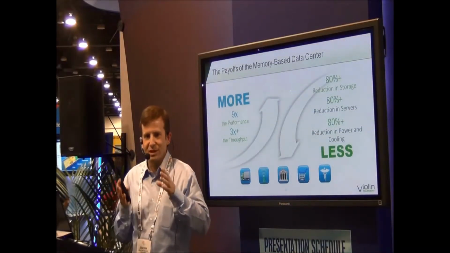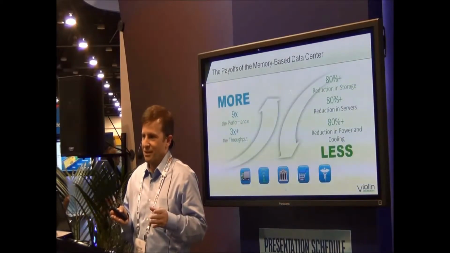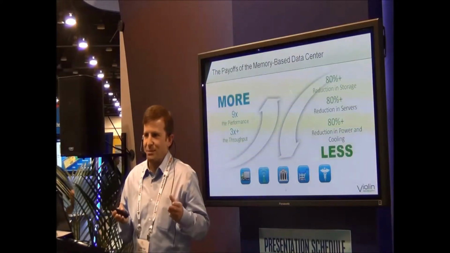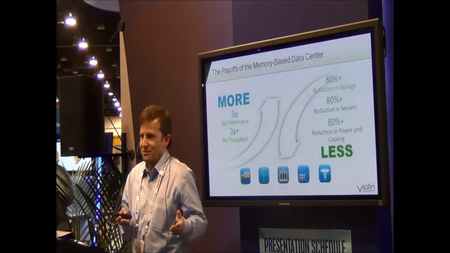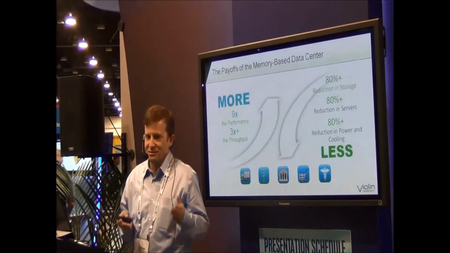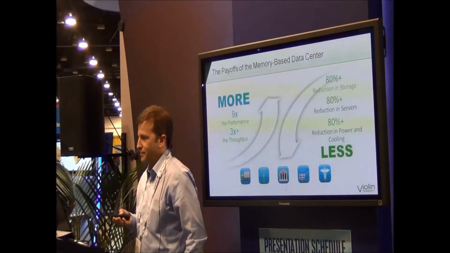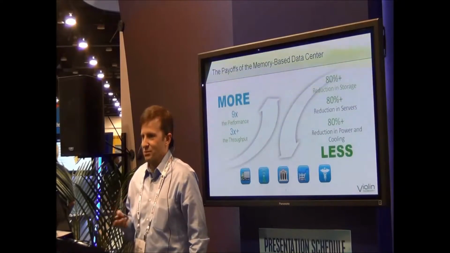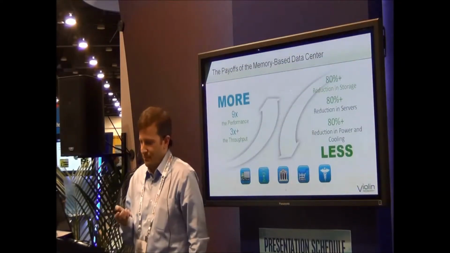Even more, if my servers stop waiting for I/O, I need fewer of them. If I spend 80% of my time waiting for data, and I cut that down to basically 0 because the latency is going to 0, then I need a lot fewer servers. Each core gets to do more work per unit time. This results in more efficient servers: less power, less space, less cooling, all of that.